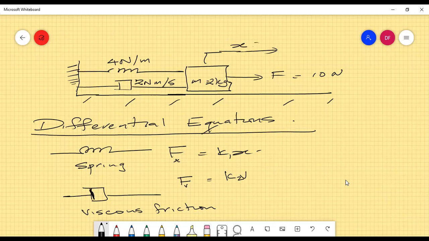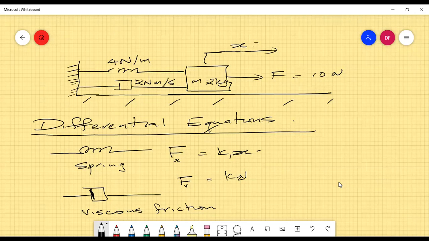X. So I'm just going to describe the problem to you now. Let us say that we have a mass, and I'm putting it as 2 kilograms. The mass is 2 kilograms and is displaced by a force, and these are the two things holding it. Let us say that this is a wall.